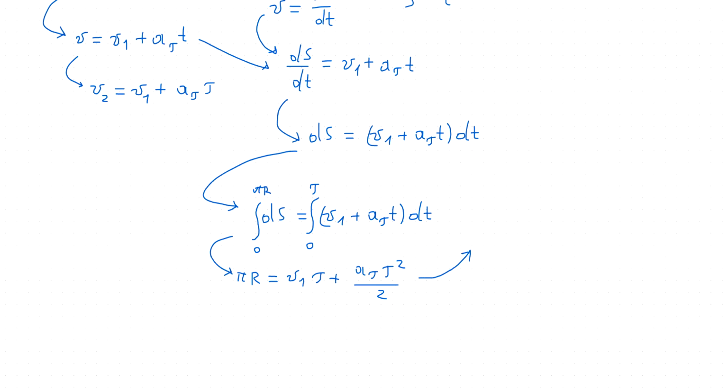We can transform this relation to get something like this: double (v1 plus a tau) tau is equal to 2 pi r divided by tau.